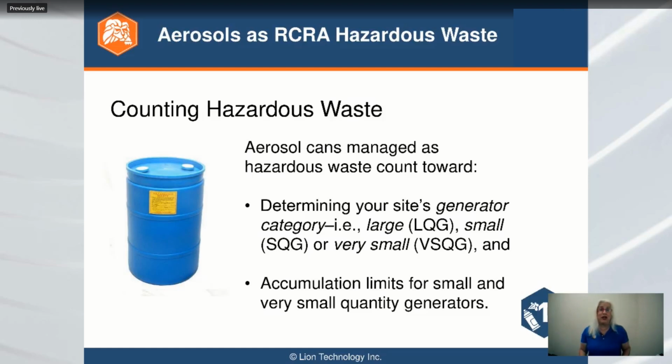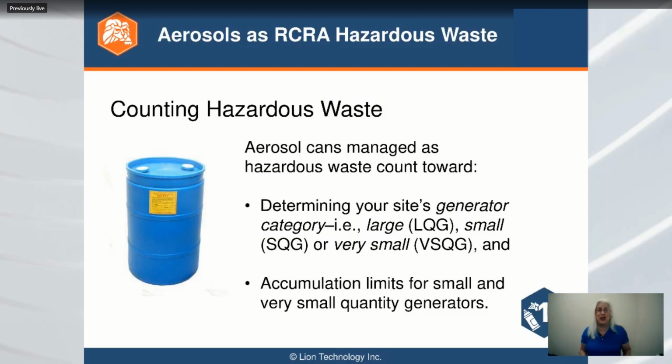That's it, 100 kilograms of hazardous waste everywhere at your site. And if you're going to manage your aerosol cans as hazardous waste, you have to count them. So you want to be careful that you don't bump up to being a small quantity generator.